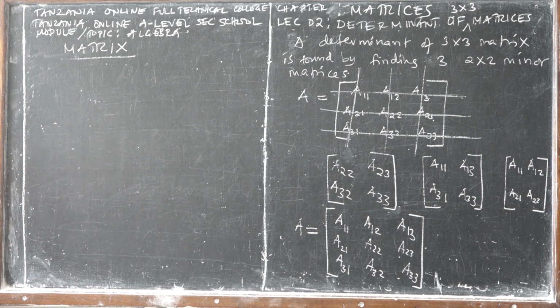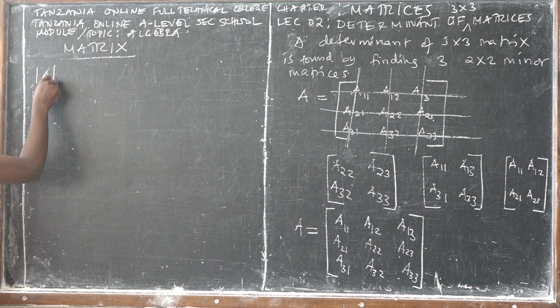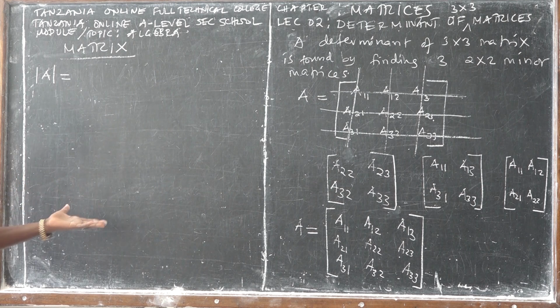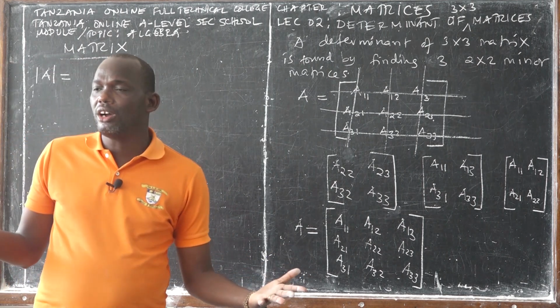So listen. We are going to use two concepts. We want to derive the formula of the determinant of A. We are just using only two simple concepts.